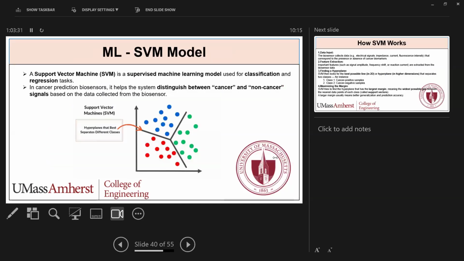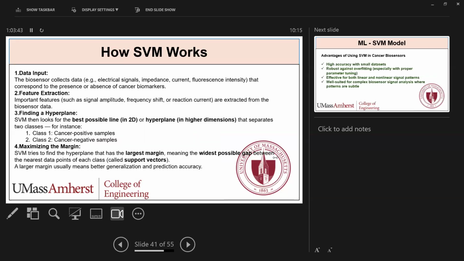So in our work, we used the SVM model, which is a supervised machine learning model used for classification, and it clearly distinguished cancer and non-cancer signals. How it works: we give data input, electrical signals, impedance, and fluorescent intensity corresponding to the presence or absence of biomarkers.